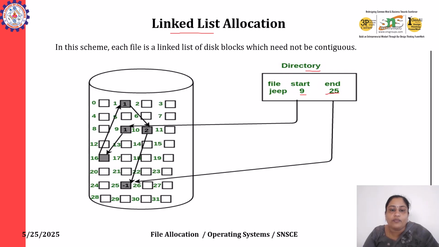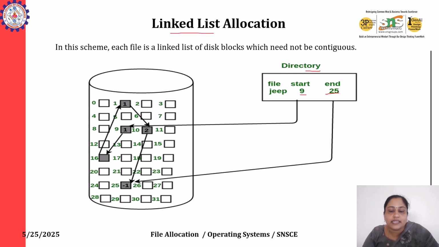When you look into the picture, you come to know that the disk blocks are scattered everywhere on the disk. The starting address is 9. Then it moves to the 16th block, then to the first block, then to the 10th block, and then it points towards the last block, 25.